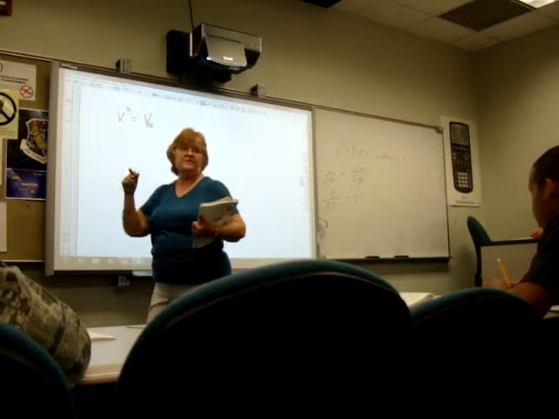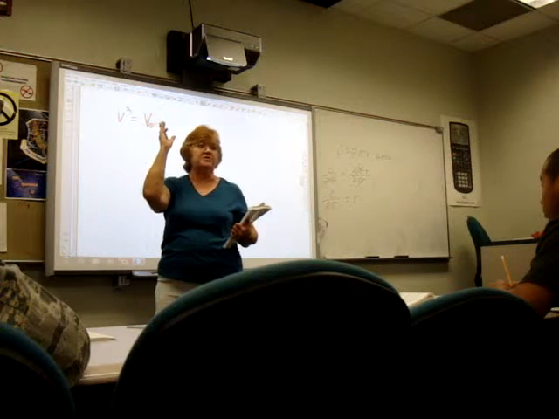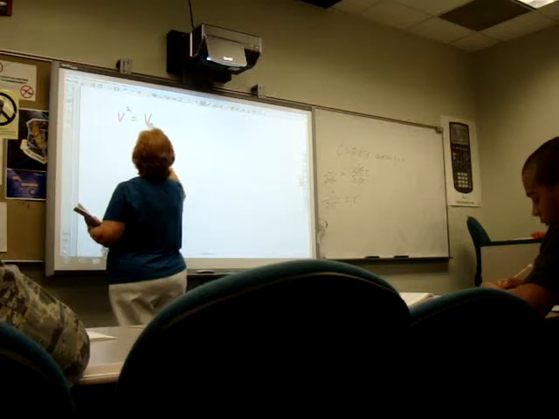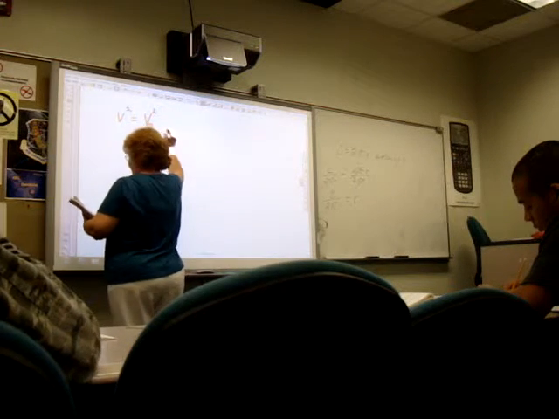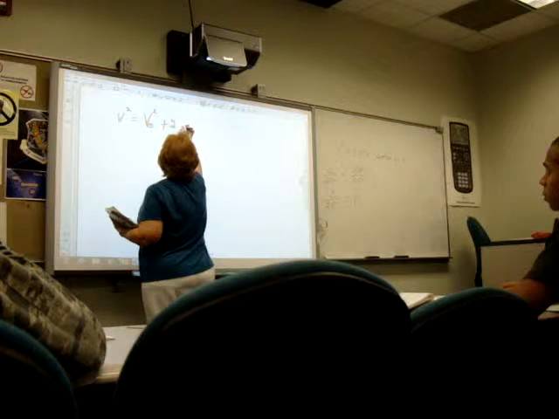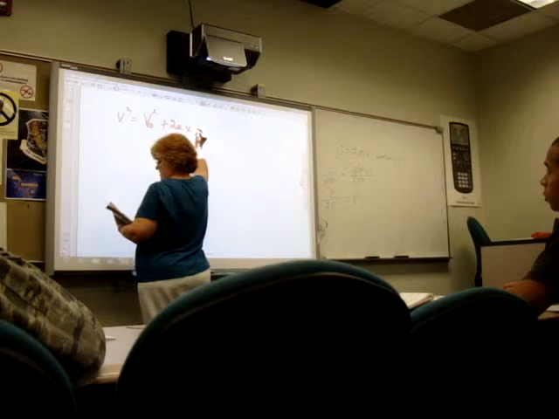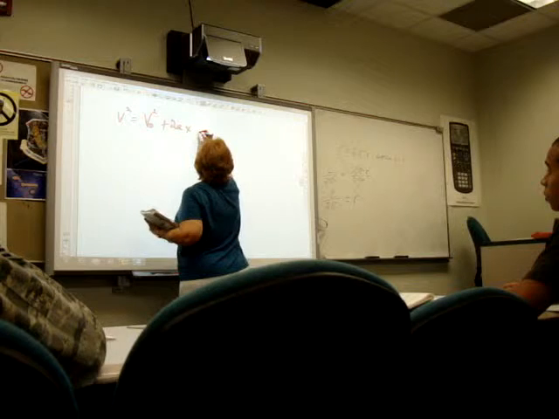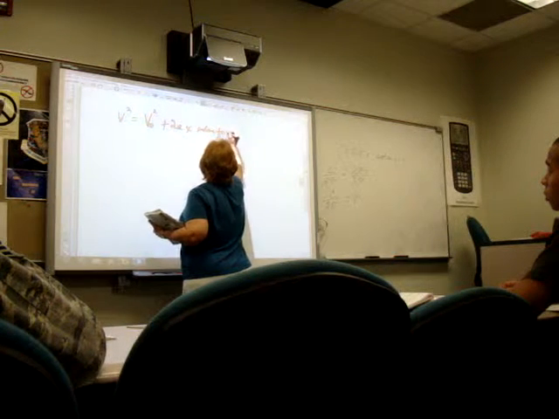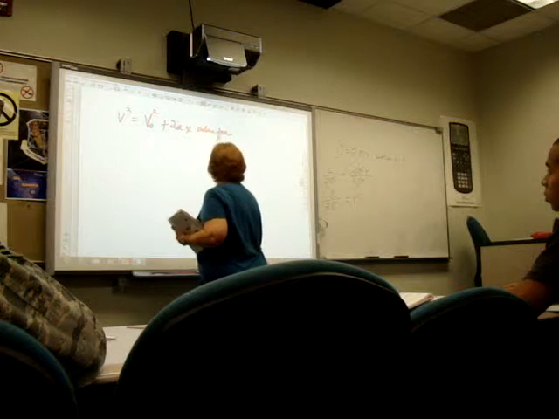That's to tell you that that V is representing something totally different from the others. Okay? If they have different subscripts, they're different values. That's V sub O squared plus 2AX, and you're going to solve this for A. Okay? You're solving it for A.